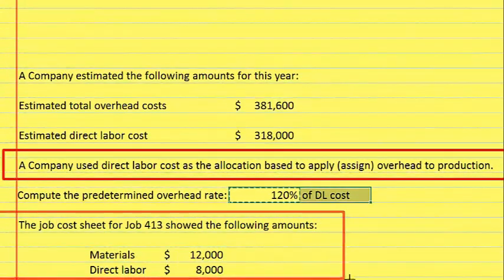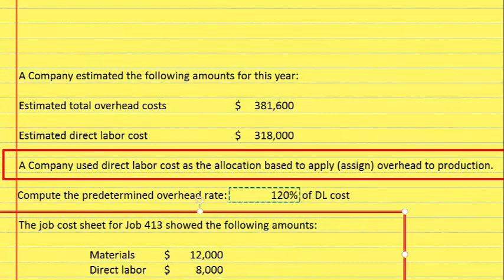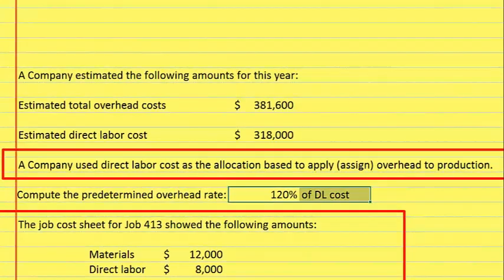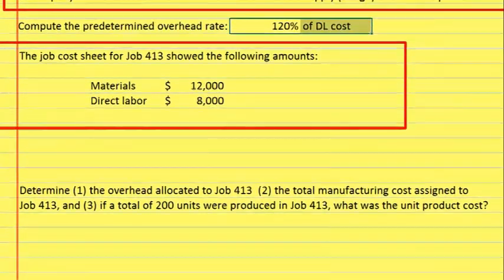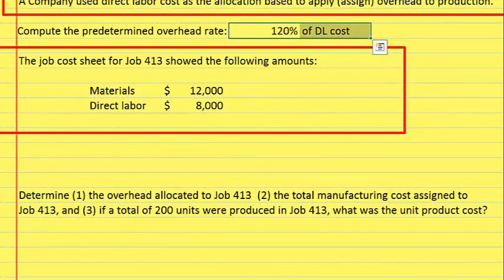Now the job cost sheet for job 413 shows materials of $12,000 and direct labor of $8,000. You are to determine, number 1, the amount of overhead allocated to job number 413.